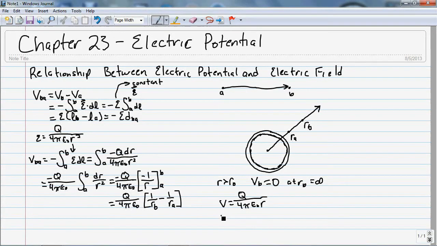And if r is less than r naught, then my potential is going to equal whatever I have at the surface.